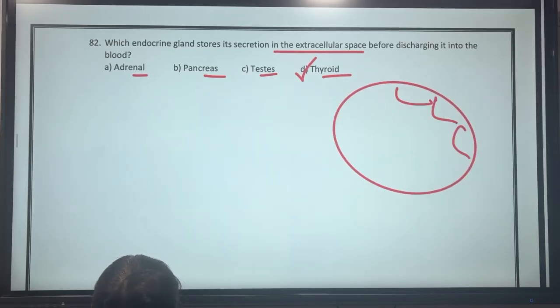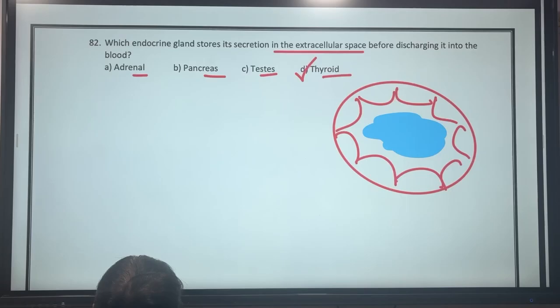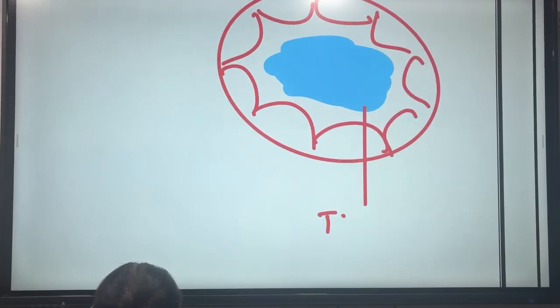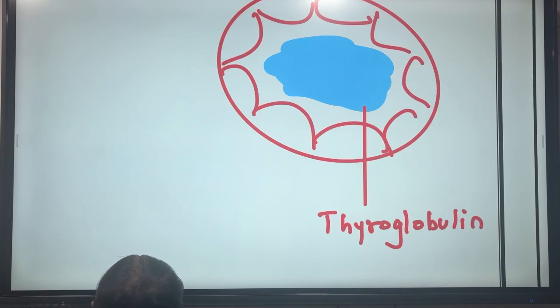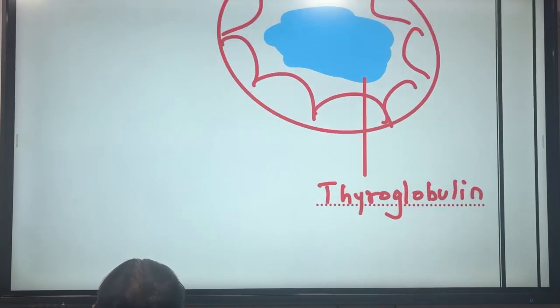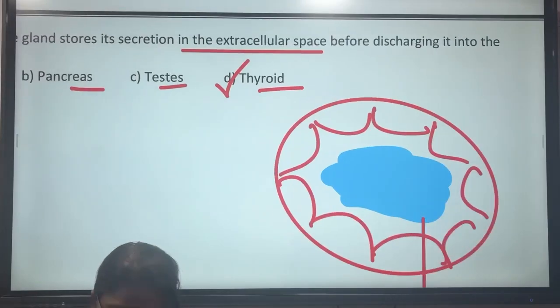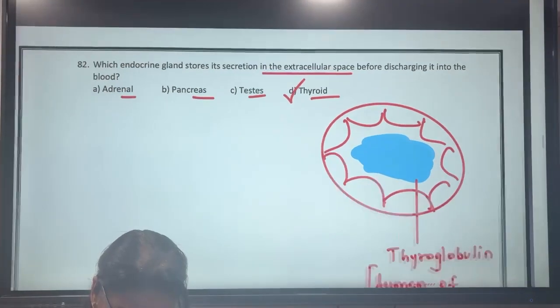The follicular cells produce a protein that is stored in the extracellular space, and this protein is called thyroglobulin, which is stored in the lumen of the thyroid follicle. This is the only gland in your body to store its hormone before release.